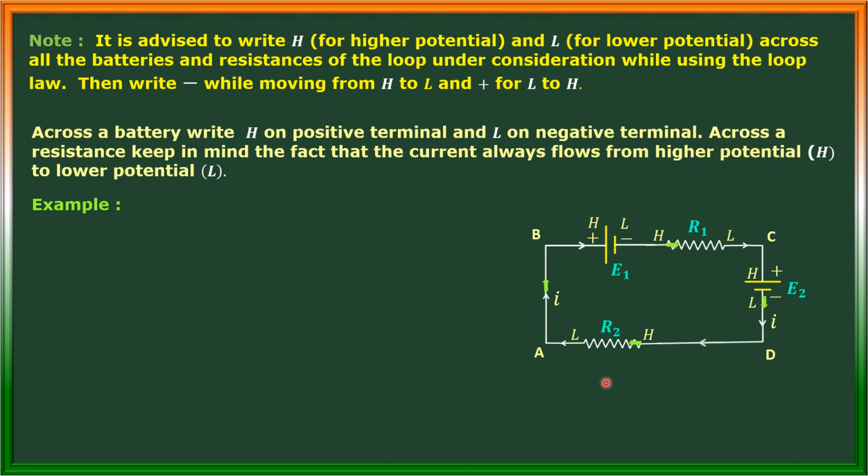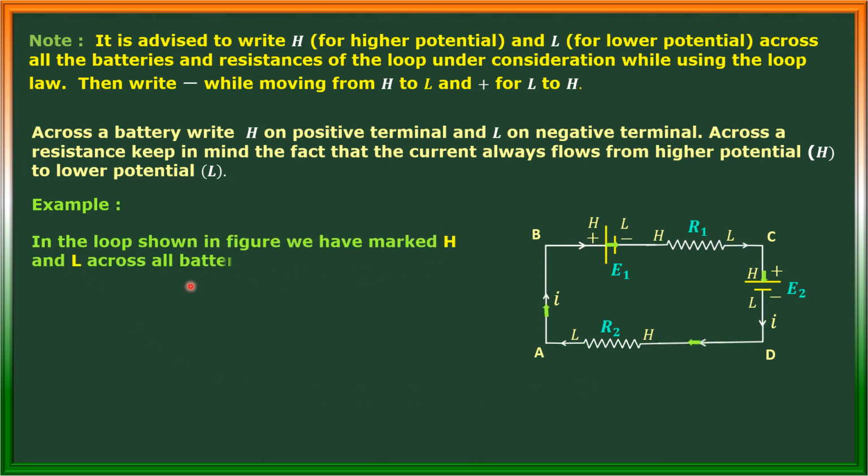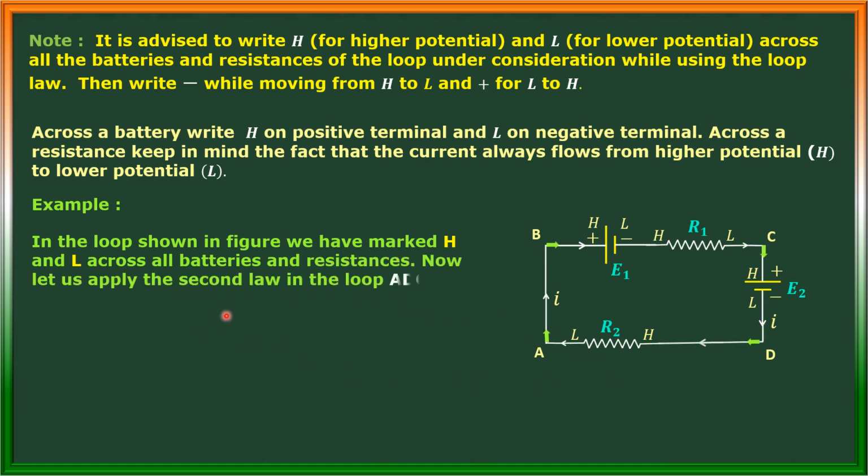Now, let us apply the loop law. In the loop shown in the figure, we have marked H and L across all batteries and resistances. Now let us apply the second law, that is the loop law, in the loop ADCBA. So I will start from A to D and traverse the loop from D to C, C to B, B to A. Okay, see here.